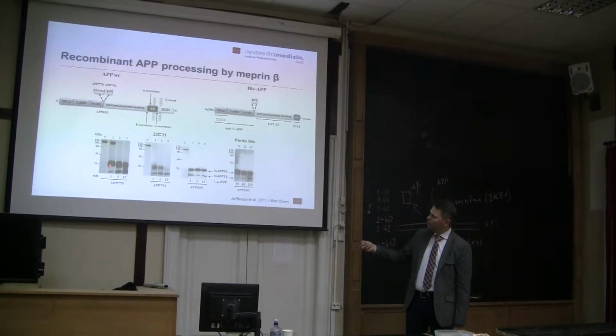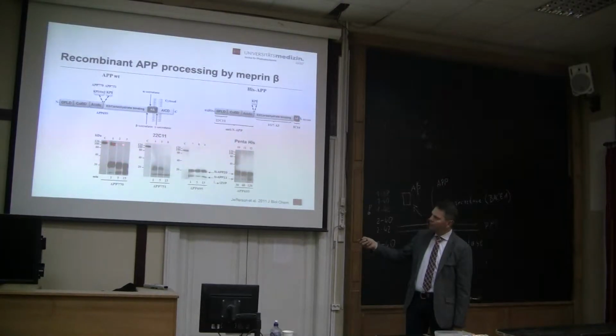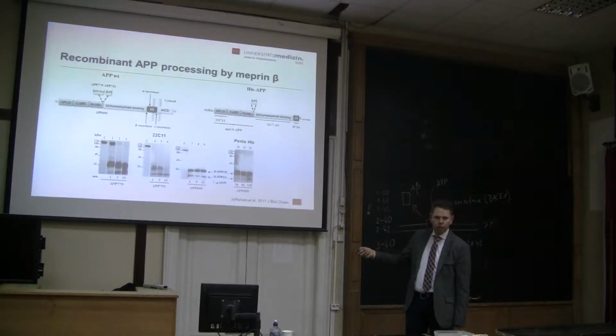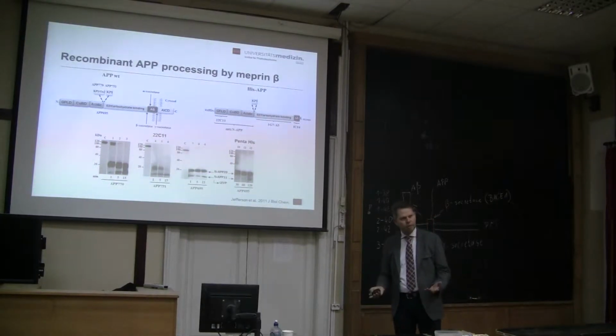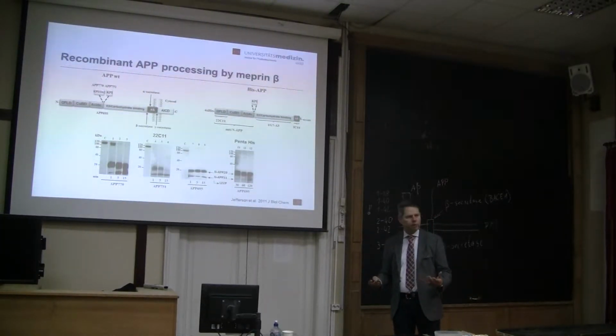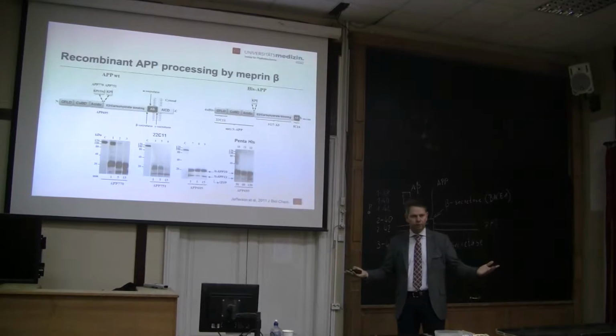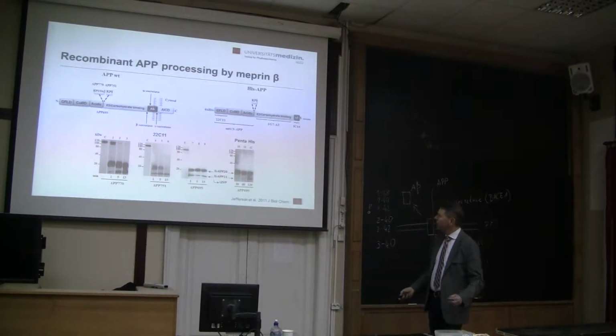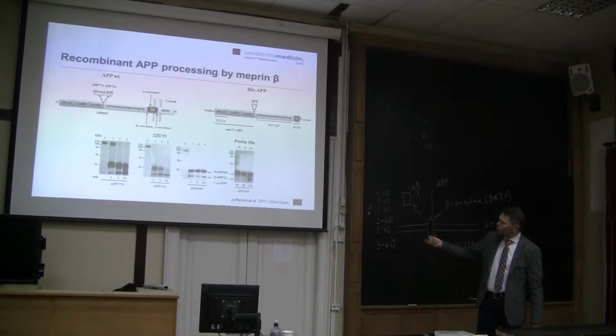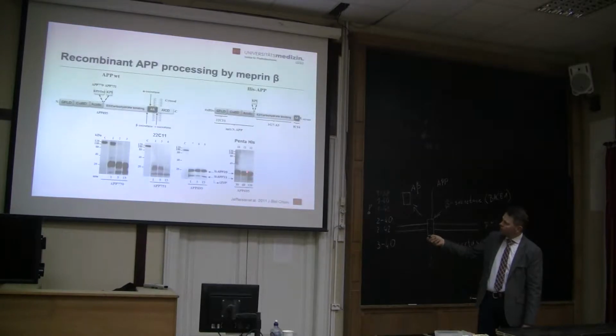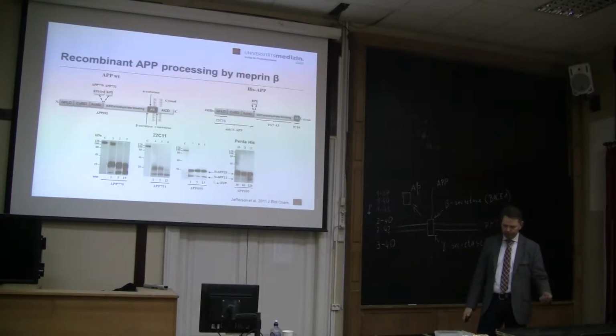But when we add meprin for 1 minute, 5 minutes, 15 minutes, you see APP is completely degraded, and you find different bands in lower sizes. So apparently meprin is capable of cleaving APP at different positions, whatever positions that may be. And we found out that these peptides are around 20 and 11 amino acids big.